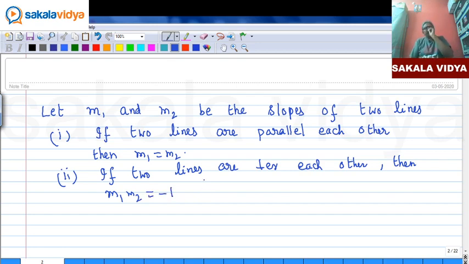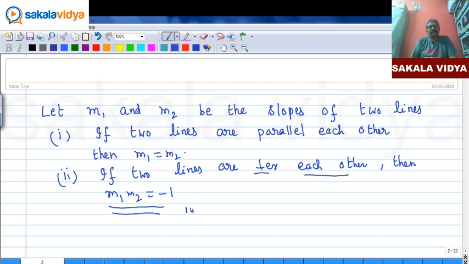But one thing, this m1 and m2 are slopes of two non-vertical lines. Because for example, x axis and y axis, we need to take it as an axiom, that is all. But other than horizontal and vertical lines, if the two lines are perpendicular to each other, then the product of the slopes is equal to -1.